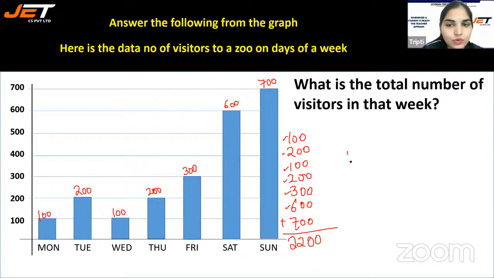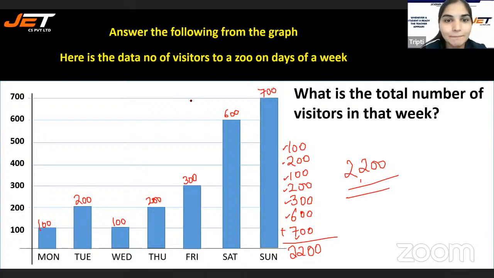That means 2,200 visitors. Did you also get the same answer? It's 2,200. If yes, then it is right. Perfect.